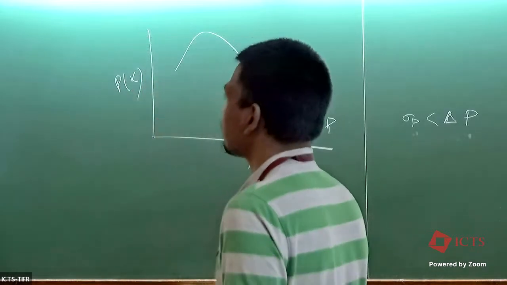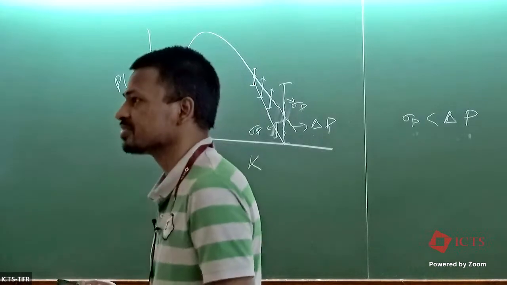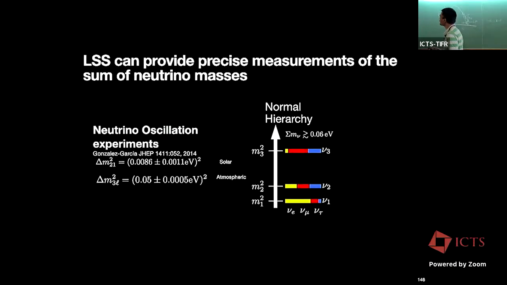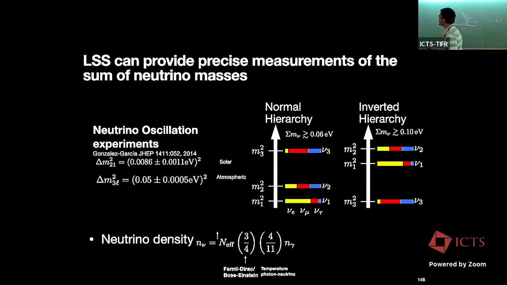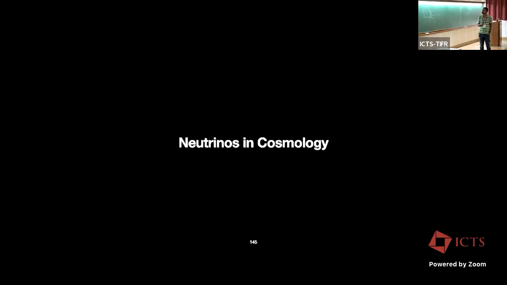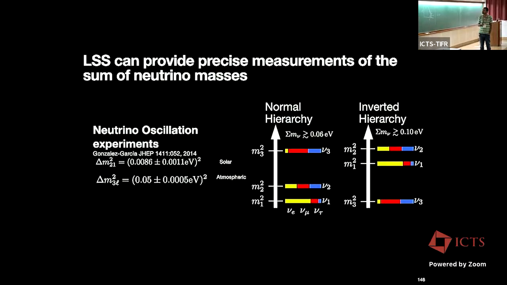The sum of the masses of neutrino is smaller than some number. Okay, this one? Ah, right, this limit. So this limit is coming from a different angle. This is not coming from this kind of measurement.